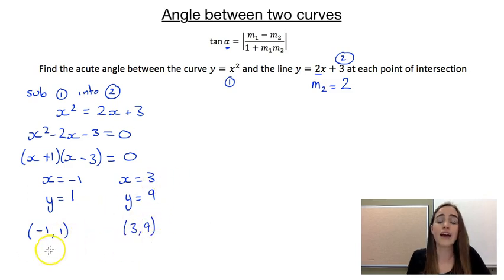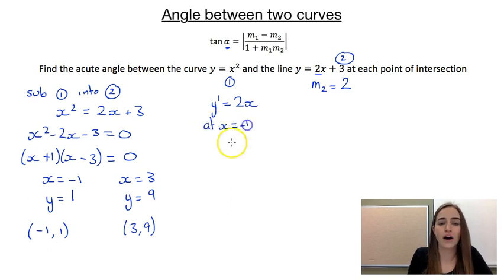Now to find the angles between our curves at those points, we need to know the gradient of this curve at that point. To do that, we're going to find the gradient of the tangent at that point, which means we're going to have to differentiate. If y equals x squared, we know that y dash is going to equal 2x. So we can then substitute in our values. At x equals minus 1, y dash is 2 times minus 1, so minus 2.